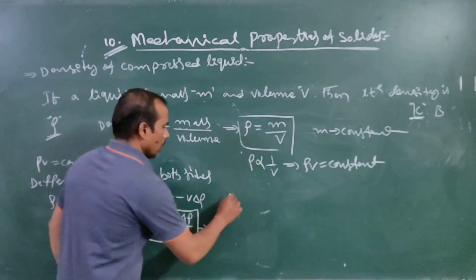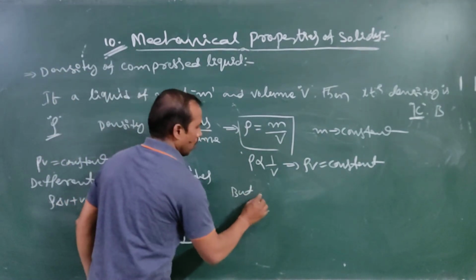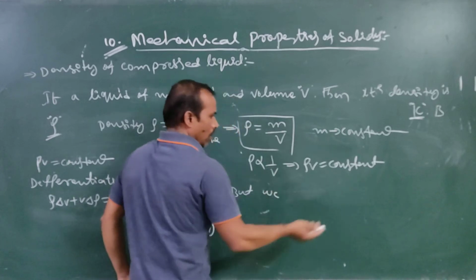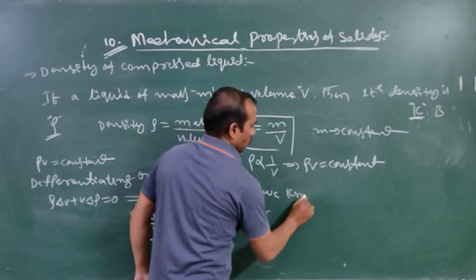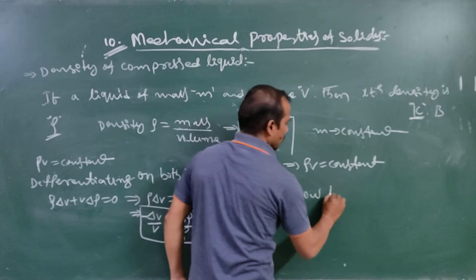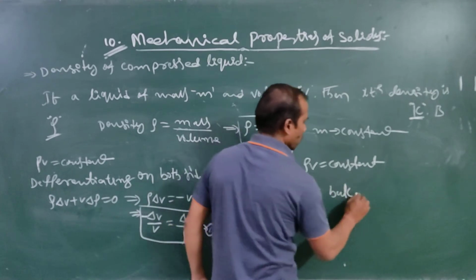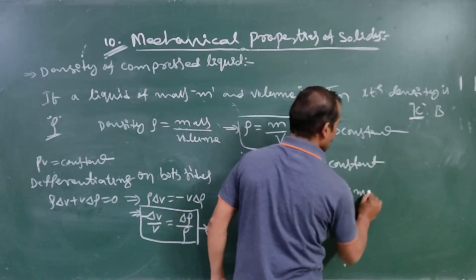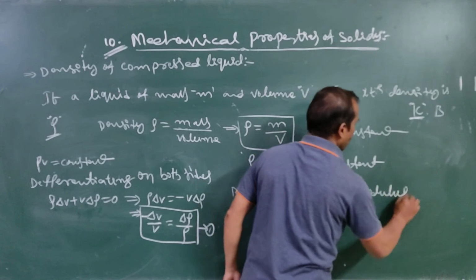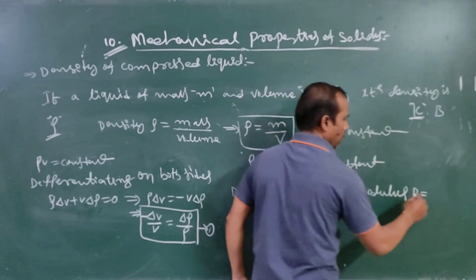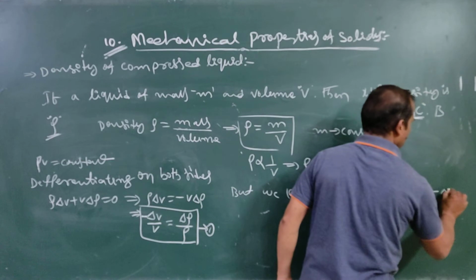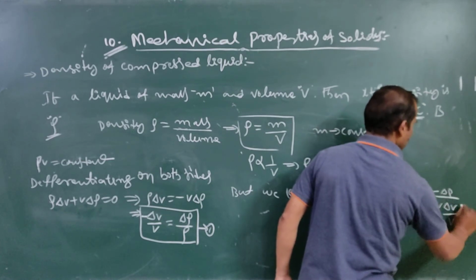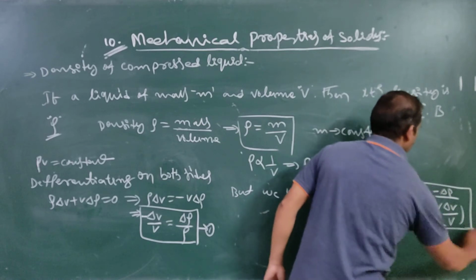But here we know the bulk modulus B is equal to minus delta P by delta V by V. This is according to the bulk modulus formula.